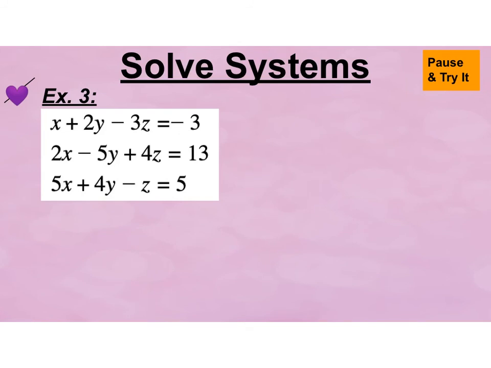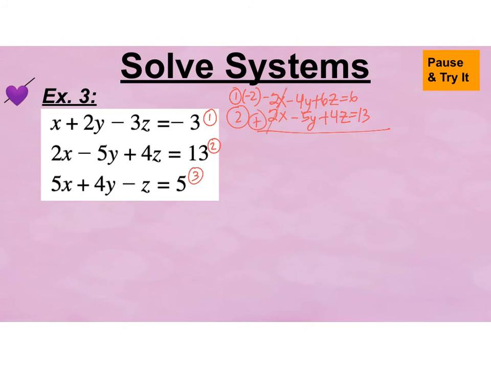I'd like you to pause and try this one on your own, and then we'll go over it together. I'm going to label my equations again. And I'm going to, again, multiply my first one by -2 everything. Rewrite my number 2 equation. And add down.